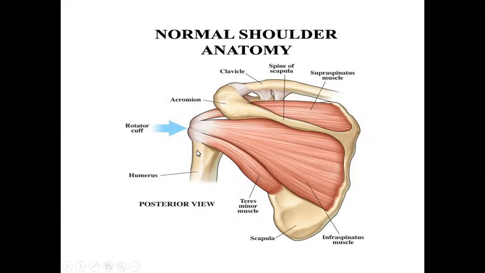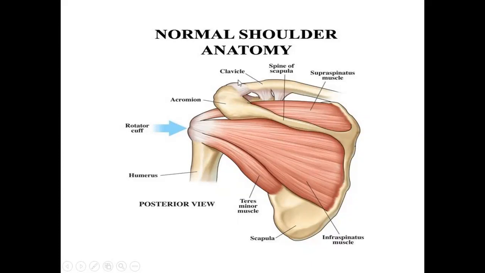Like I mentioned, the shoulder joint is mostly formed by the proximal portion of the humerus, which is here. Then we have the scapula, the medial portion of the scapula. Then this is the spine of the scapula posteriorly. And then superiorly, we have the clavicle.